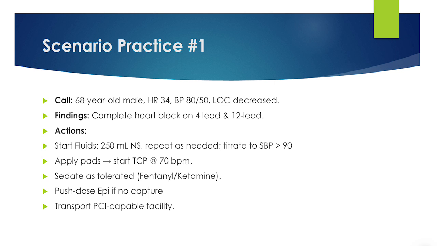We want to apply pads right away, start transcutaneous pacing, start an IV, and then figure out the underlying rhythm. If you're not getting any improvement in the blood pressure, or we're having any problems with capturing, then we move to push dose epi and definitely transport to a PCI capable facility.